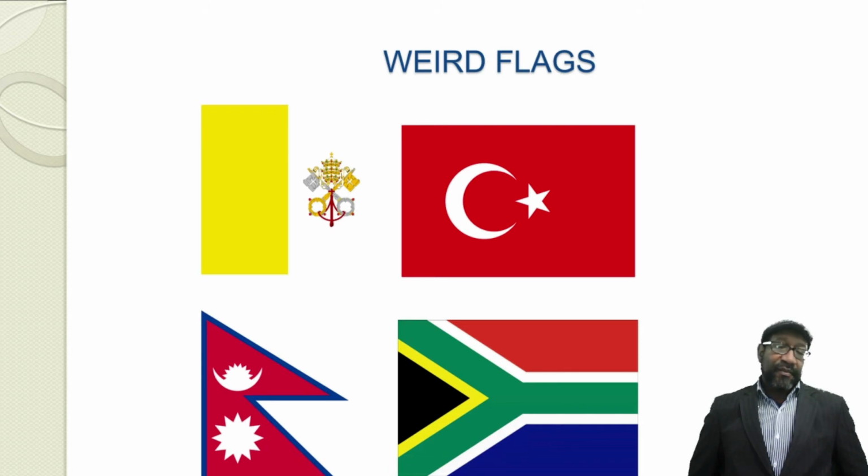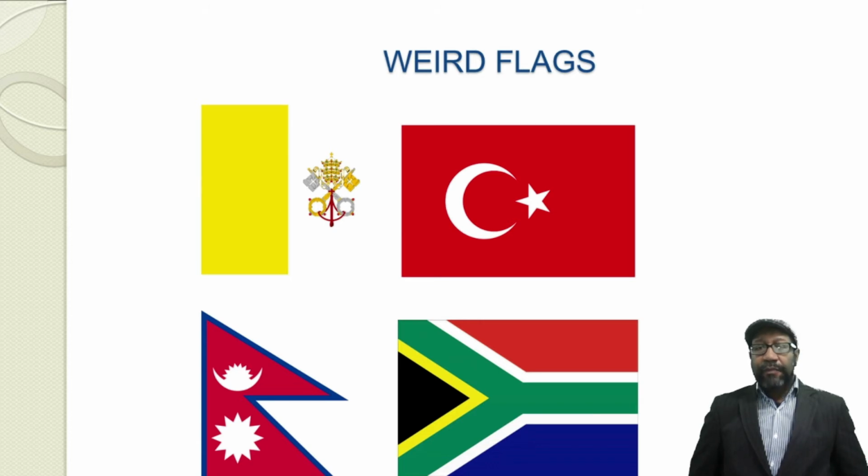Below this, we have the flag of Nepal, right? And Nepal's flag is so weird that even the shape of the flag is very peculiar, right? I don't remember any other flag with the same shape, right?